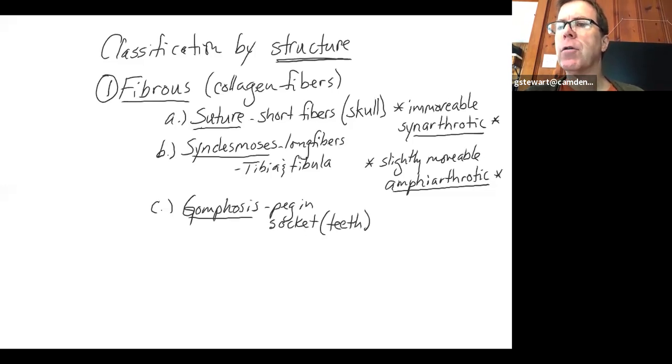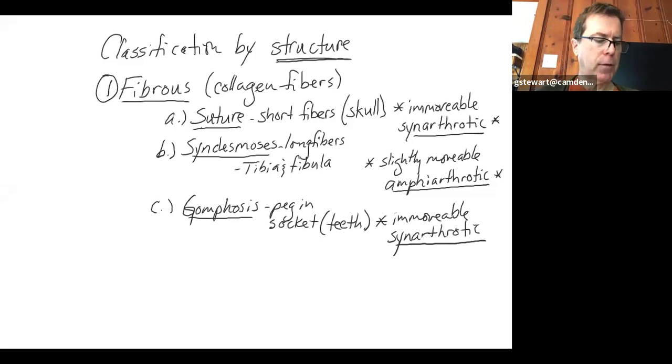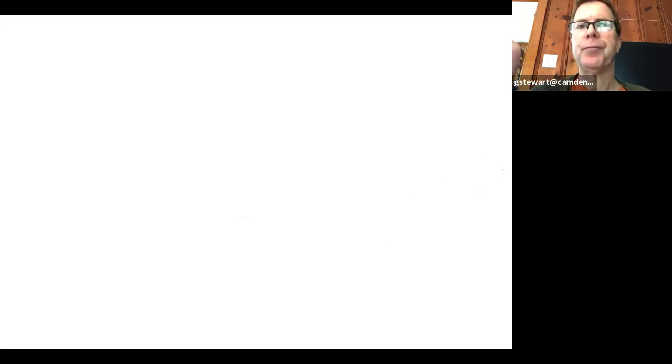And these are also immovable, just like sutures. So gomphoses are also synarthrotic. All right, so that does the fibrous joints. Now I'm going to do the cartilage joints next. I'll leave this page if you need me to come back to it, don't worry. Just going to layer over the top.